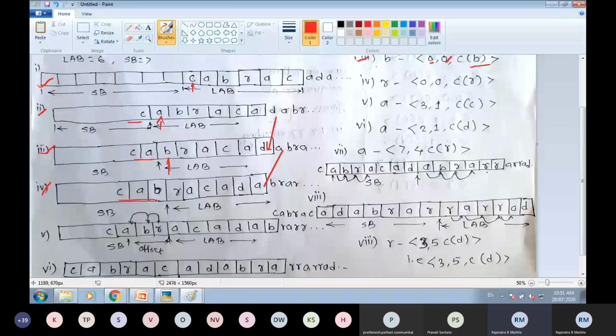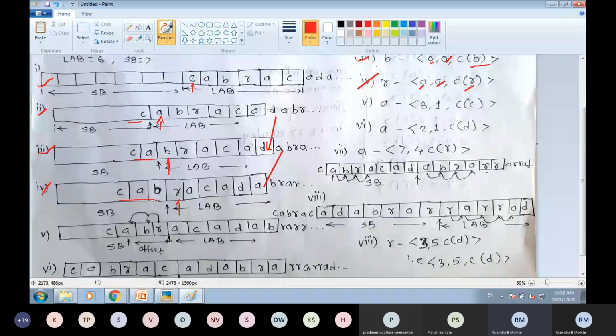Then you try to find out the match for this R. There are three alphabets in the search buffer C, A, B. Is there any match for this R? No. So for this R, my offset value is 0, my length of match is 0, and for which alphabet we don't have a match, for R, so C of R, so my encoded value is 0 0 R.